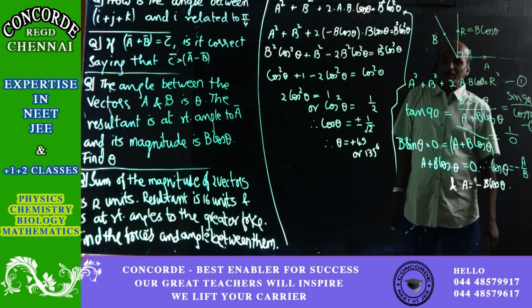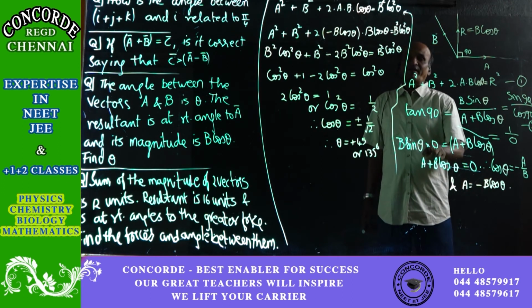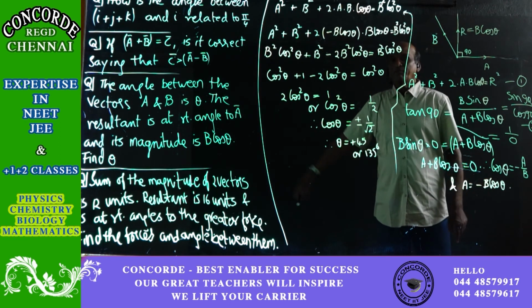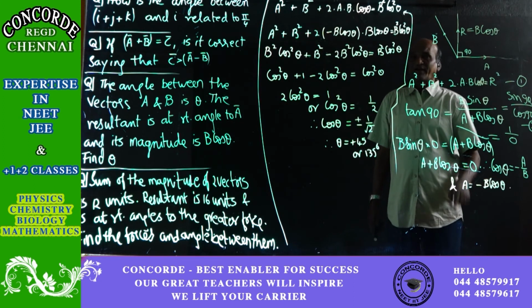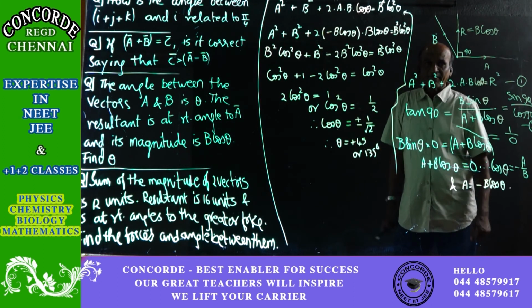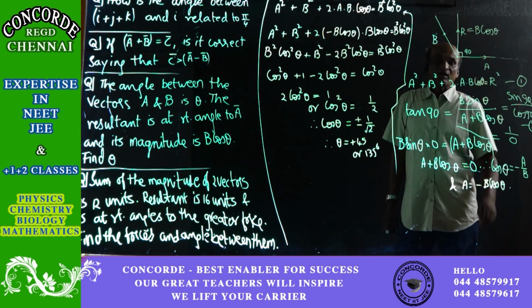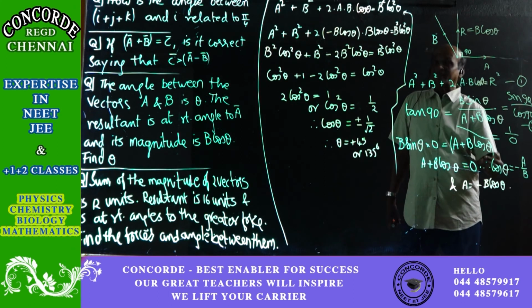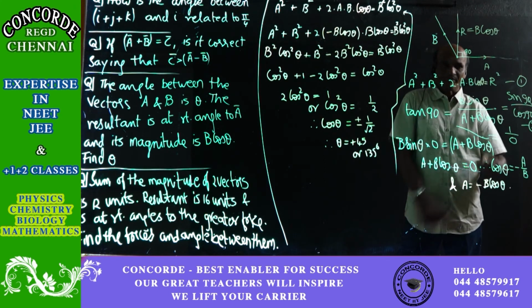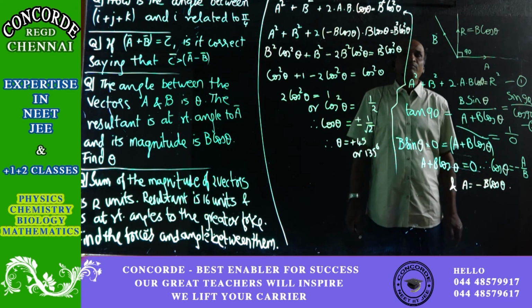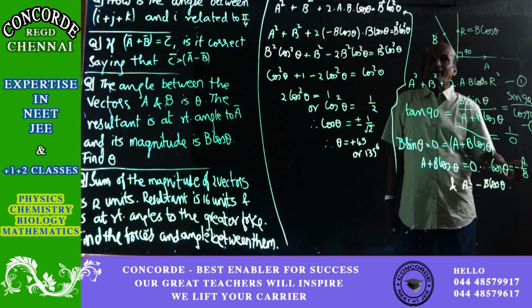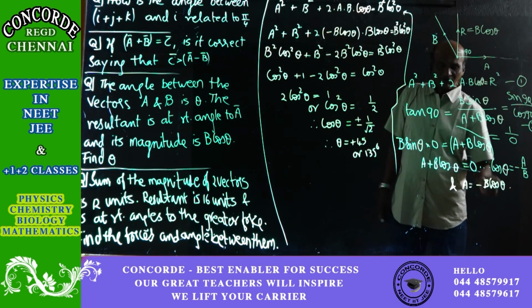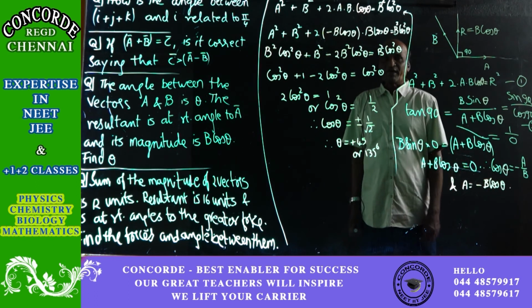So we will therefore get b sin theta into 0 will be equal to a plus b cos theta, and further when we proceed we will get a plus b cos theta will be equal to 0, and so from there we get cos theta will be minus a, going that side will become negative, then divided by b. So cos theta will be minus a by b. Meaning that from here a will be equal to minus b cos theta. So that's what we get.